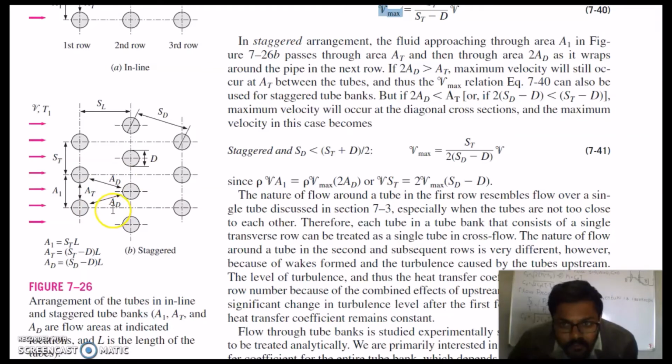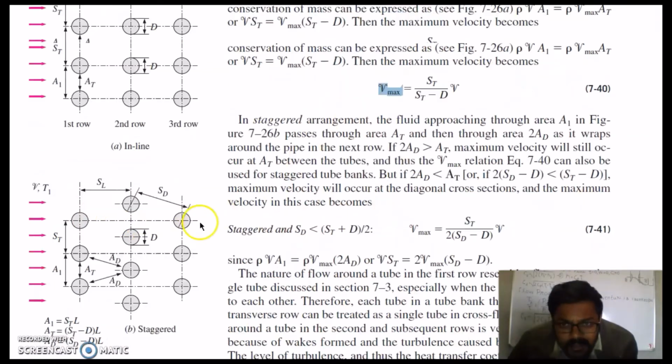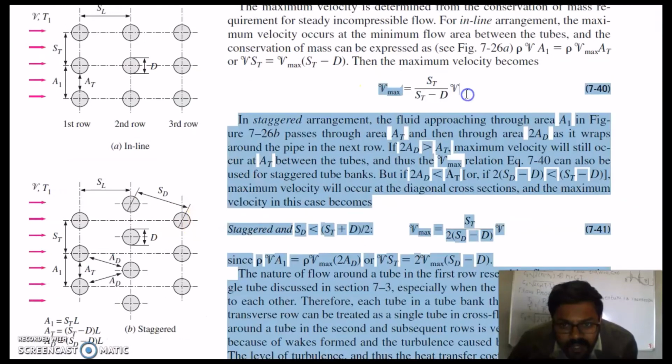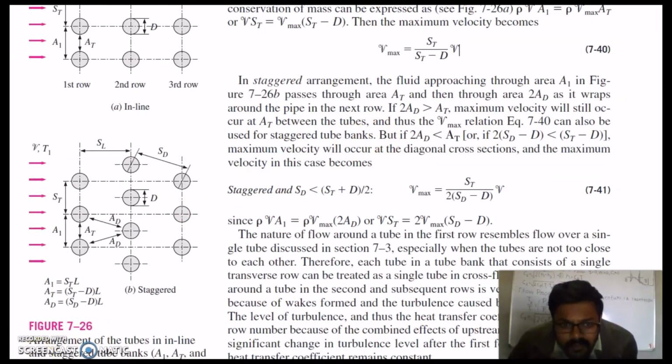And thus the V maximum relation can be used for staggered tube banks also, if 2 A_D is greater than A_T, which means the maximum velocity will occur at this portion.